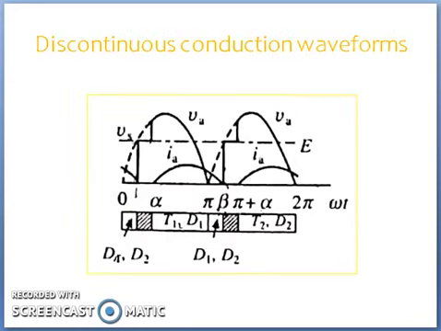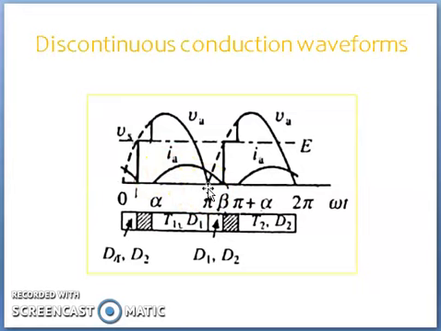In discontinuous conduction mode, when T1 is fired at alpha, the motor gets connected to the source through T1 and D1. Therefore, VA will be equal to Vs when T1 is fired. The armature current flows and D2 gets forward biased at pi.